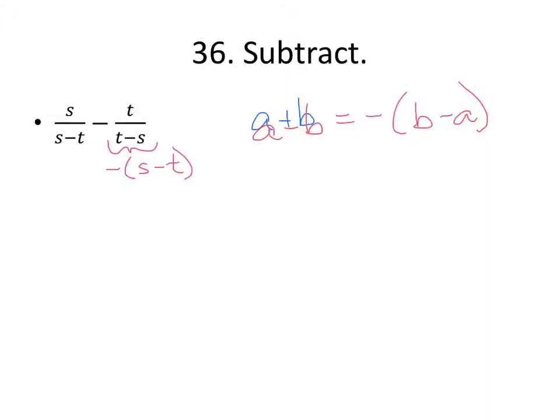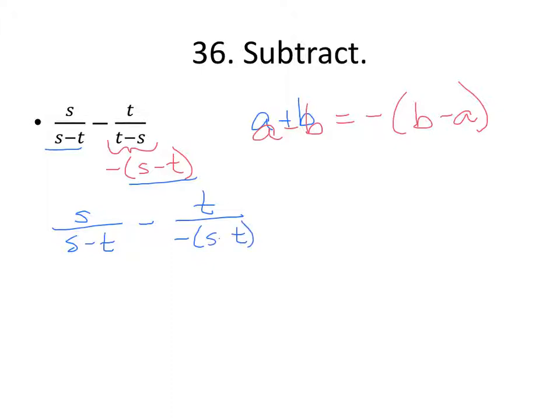And the reason that's important is because now we have s minus t as both denominators, only we have a negative sign in front of the second one. So rewriting this, we get s over s minus t minus t over negative s minus t.